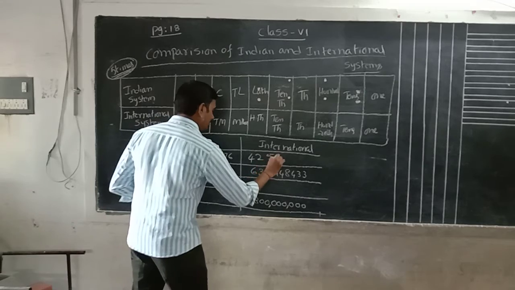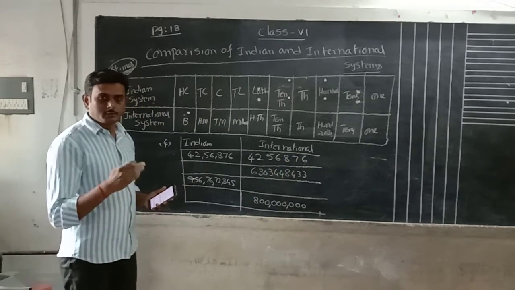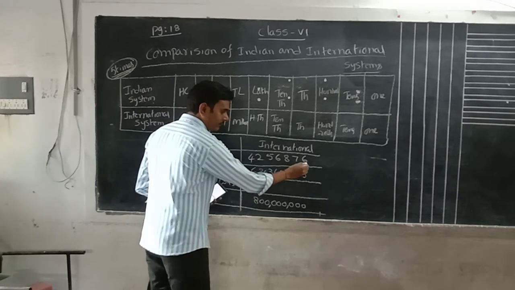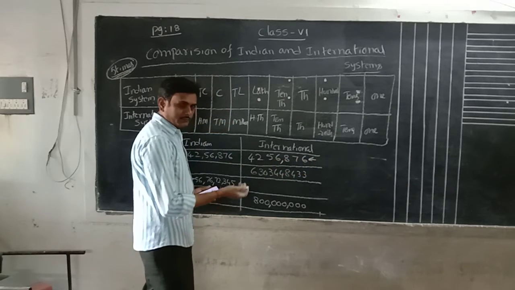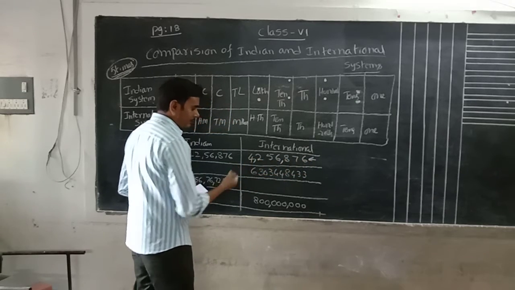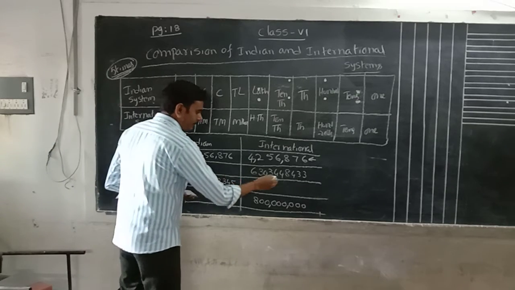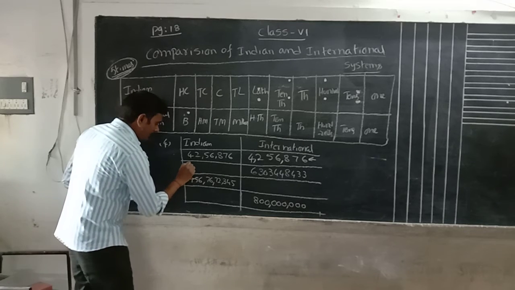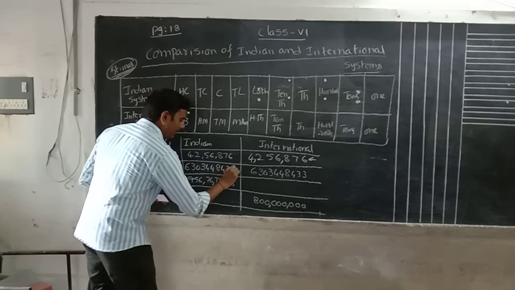What is the number given? 4, 2, 5, 6, 8, 7, 6. For that number we have to place commas. Taking from the right side, after every 3 digits we give a comma: 1, 2, 3, comma. Next, the same international system number is copied into the Indian system: 630344843.